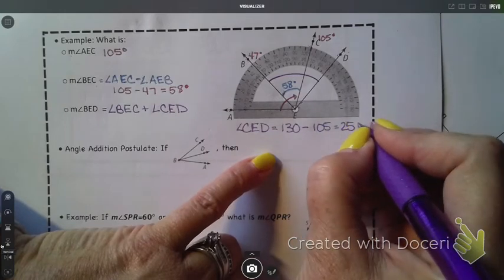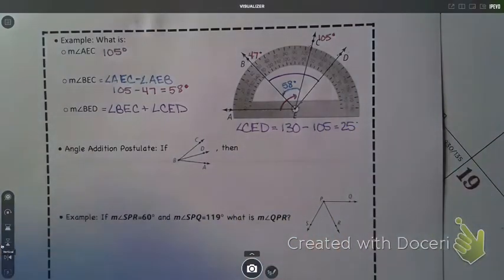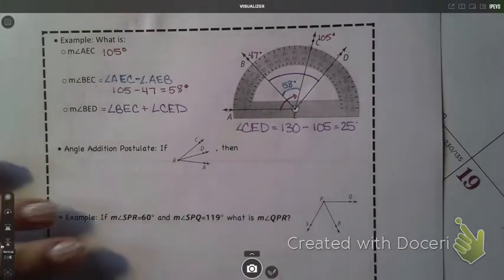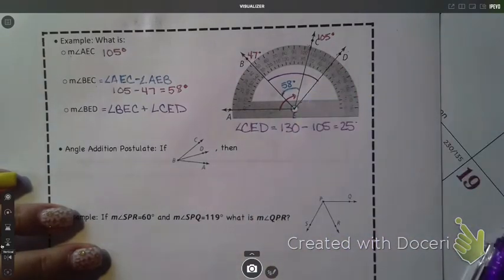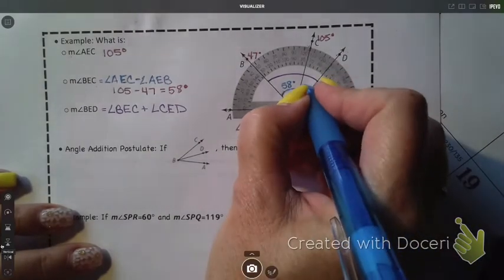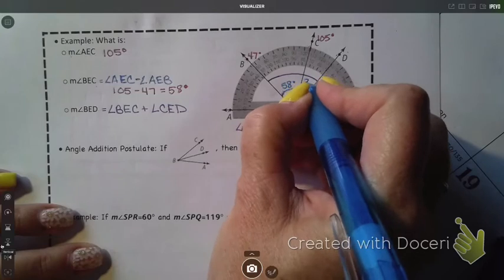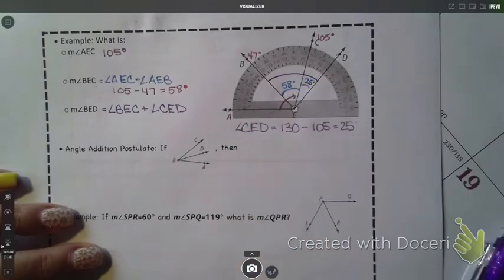Now, what I'm saying is, what happens if they aren't perfect on things? Do we count wrong sometimes? Okay, so I know this is 58 and I know this is 25. What do I do with those two? Put them together. Add them.